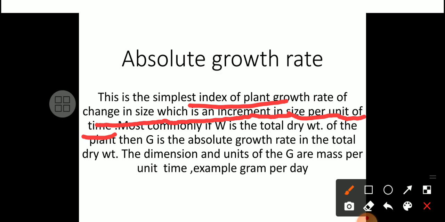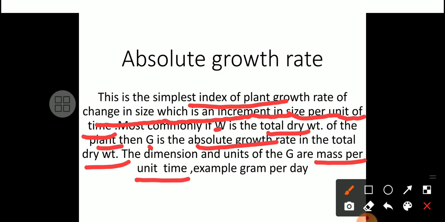Most commonly, if W is the total dry weight of the plant, then G is the absolute growth rate in the total dry weight. The dimensions and unit of absolute growth rate are mass per unit time.